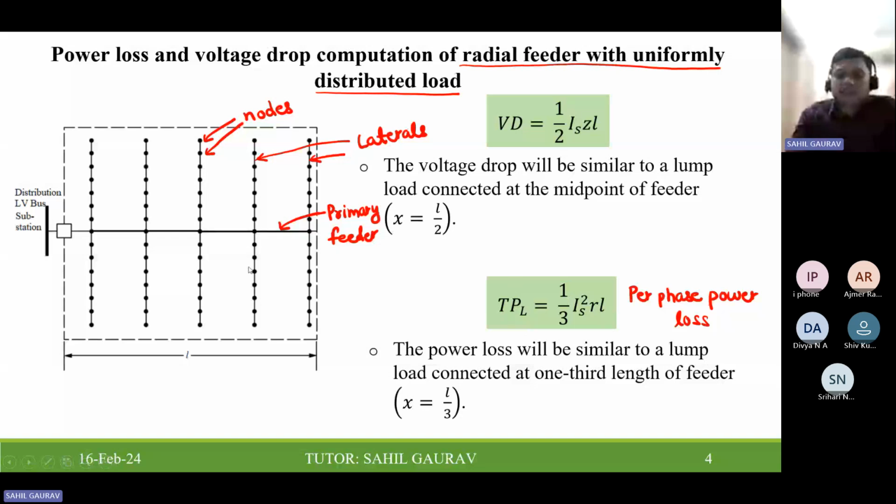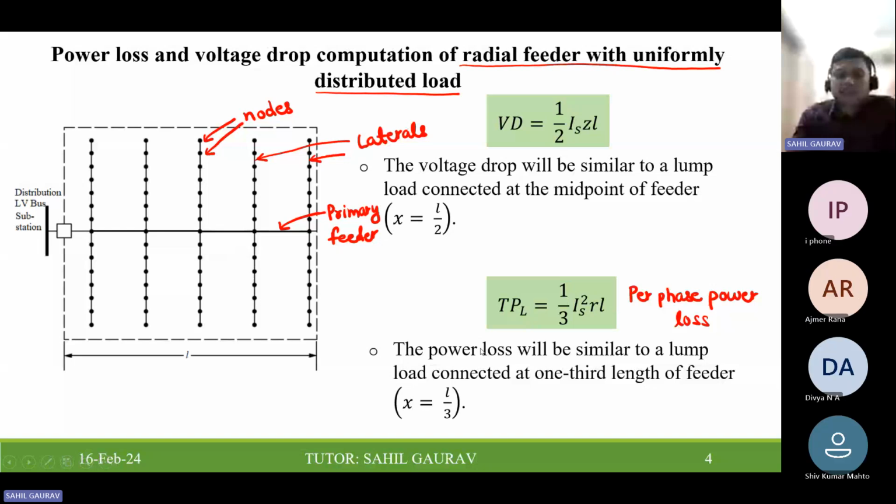Now for this uniformly distributed load, if you find the total power loss, it comes out as one third of IS square RL, and this loss is the per phase power loss. If they are asking for three phase power loss or total power loss, then you have to multiply by three.